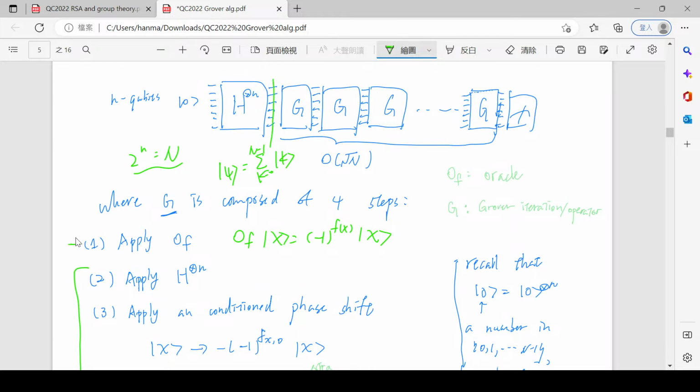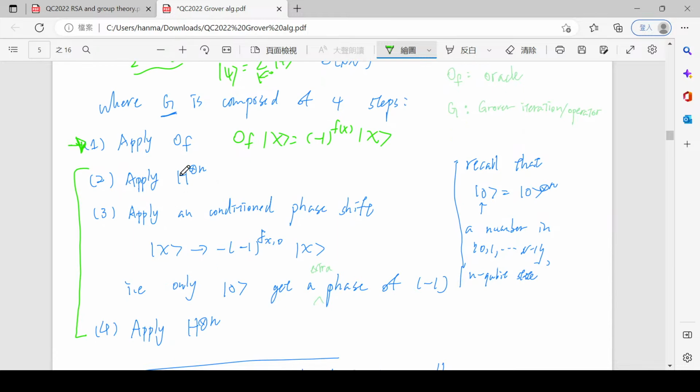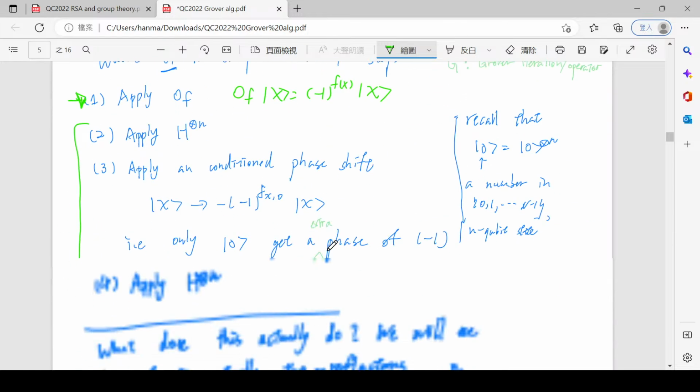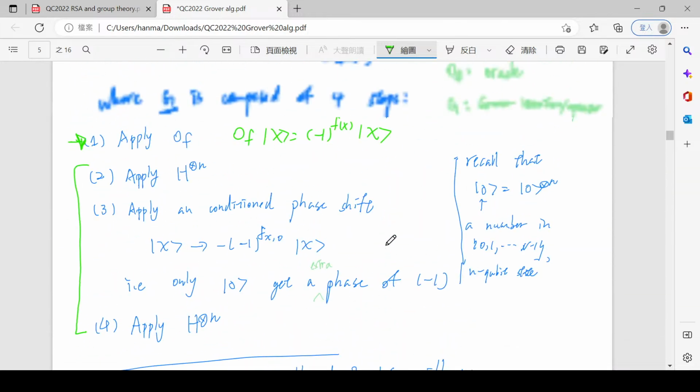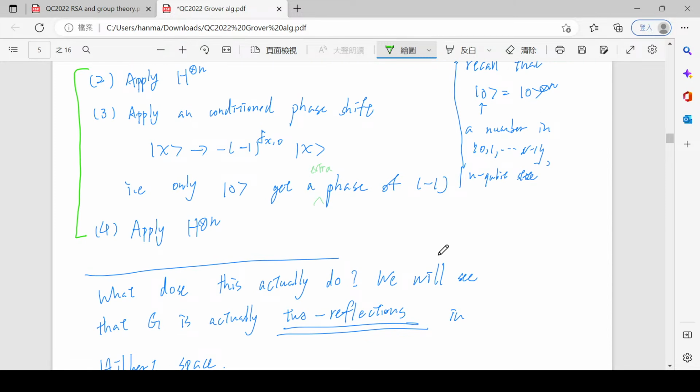You apply the oracle as you might expect. And then there are 3 steps: Hadamard to the n, some -1 thing, and Hadamard to the n again. And maybe let's do a spoiler because we are short on time. Those 3 things together are a very complicated way to say we are doing a reflection around psi, so it's 2|psi><psi| minus identity.